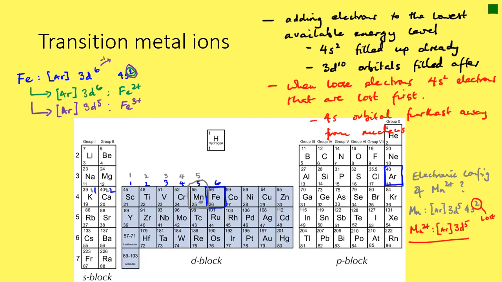So that's our electronic structure of the manganese atom, and we are asked for the electronic structure of the manganese 2+ ion. So we can quickly see, following this rule that we drew in the top right hand corner, that these are the electrons that are going to be lost when it forms an ion. So the manganese 2+ electronic structure is going to be 3d5, but no 4s2.